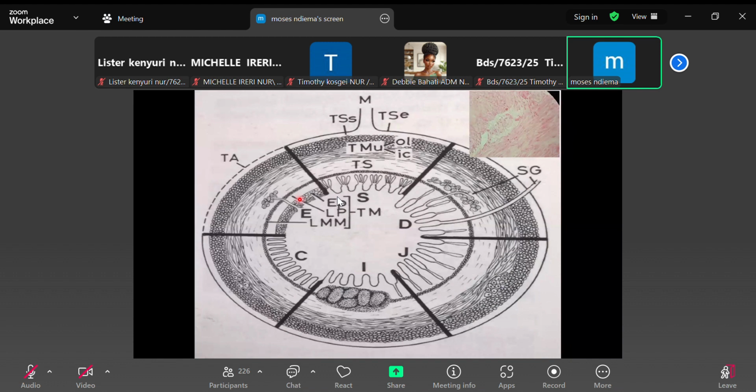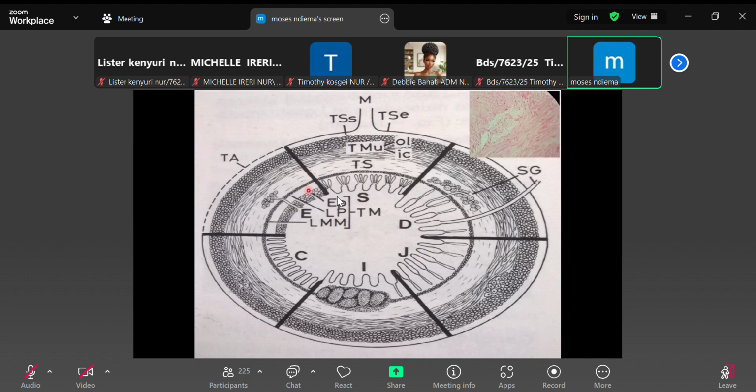It has a lamina propria with loose connective tissue, and a muscularis mucosa. This dark area is the muscularis mucosa, comprising smooth muscle usually arranged in inner circular and outer longitudinal layers, and then the submucosa. Up to the muscularis mucosa is what we refer to as the mucosa.